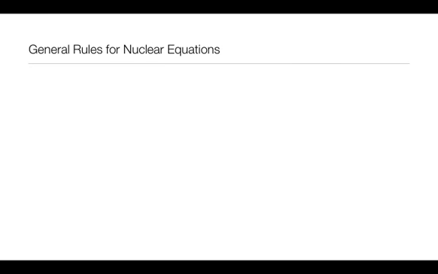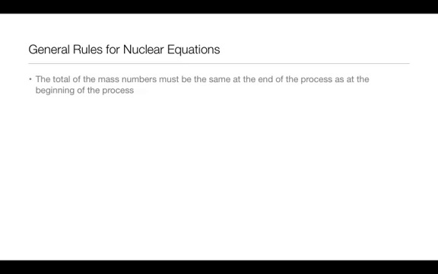Some general rules for our nuclear equations. One, the total mass number must be the same at the beginning and end of the process. So that number in the upper left-hand corner, which tells us the mass number of the particle, all of the particles on the reactant side, their mass must total the same mass as all the particles on the product side.